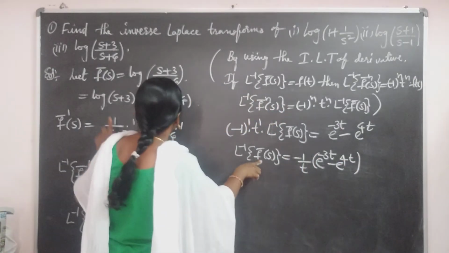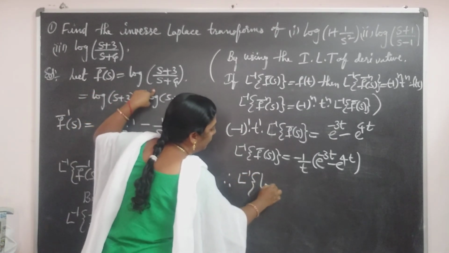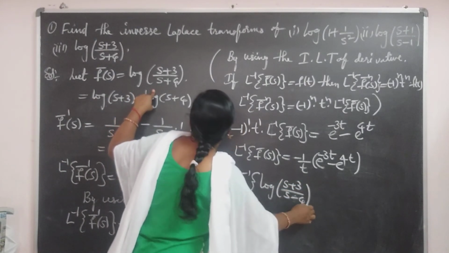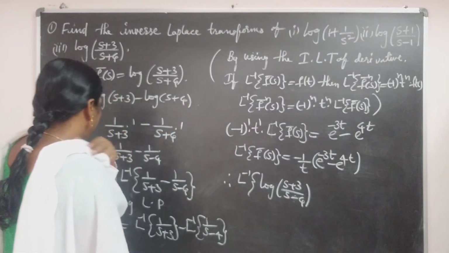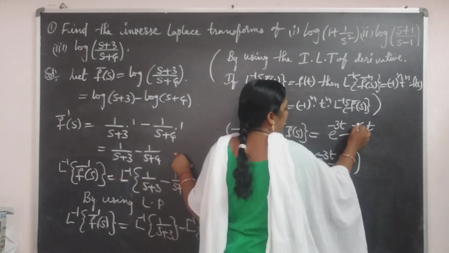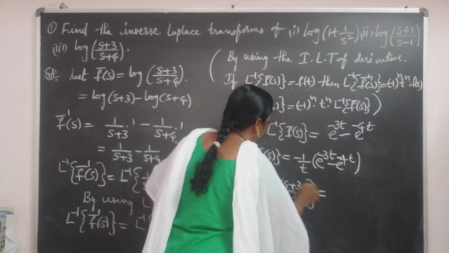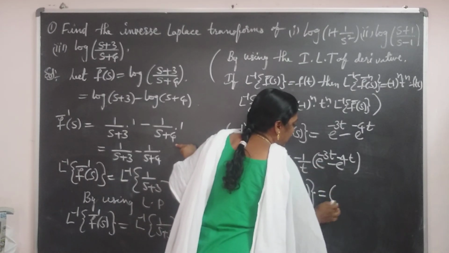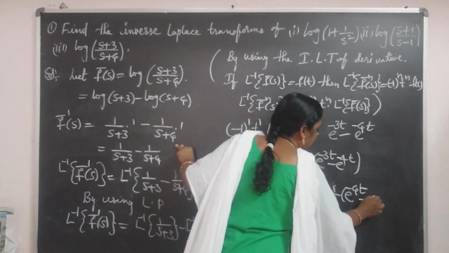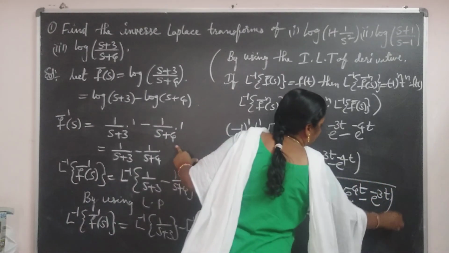Multiply with negative and substitute f bar of s, then L inverse of log of (s plus 3) by (s plus 4) is equal to, minus into minus plus, that is 1 by t into (e power minus 4t minus e power minus 3t). It is the answer.